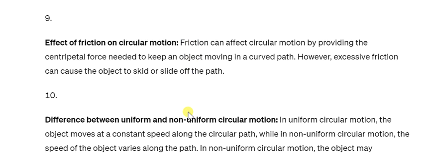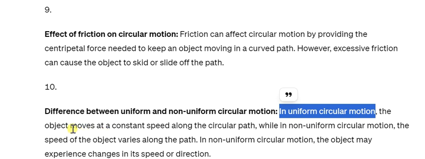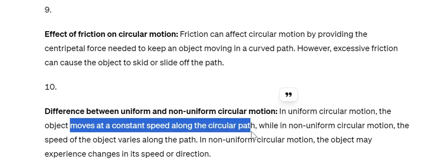Next, the answer of question number 10 can be given as the difference between uniform and non-uniform circular motion. In uniform circular motion, the object moves at a constant speed along a circular path, while in non-uniform circular motion, the speed of the object varies along the path.